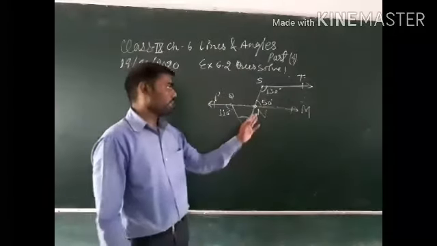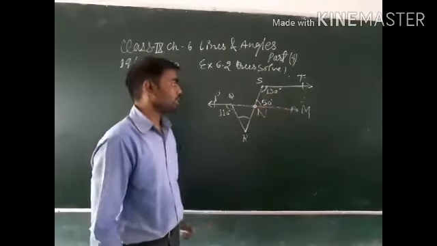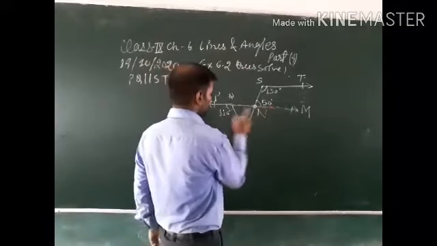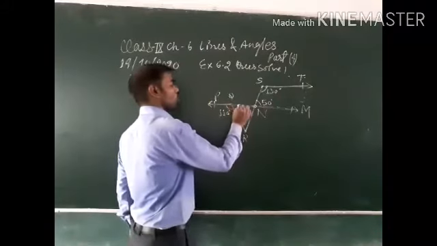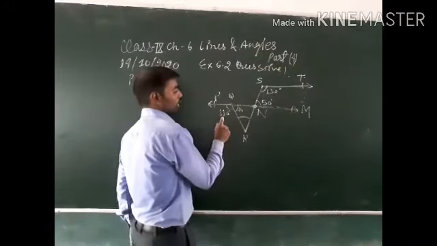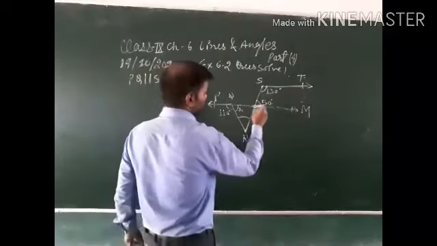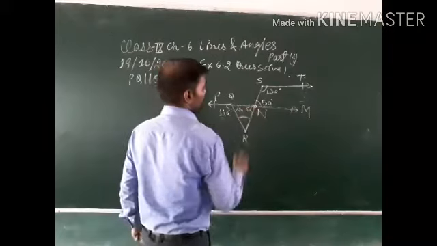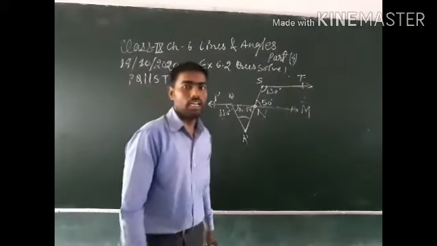First of all, we complete this question roughly. This is 130, so this is 50, and this is a line and this is a ray. So this angle is 70 degrees because this is 110, and 110 plus 70 is equal to 180. And this is 50 by vertically opposite angles.